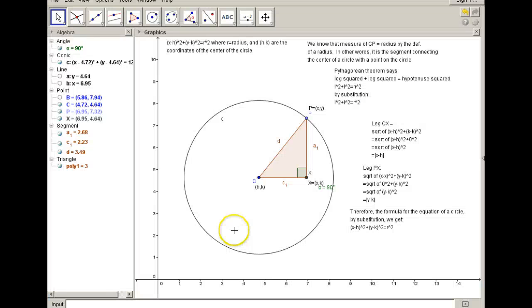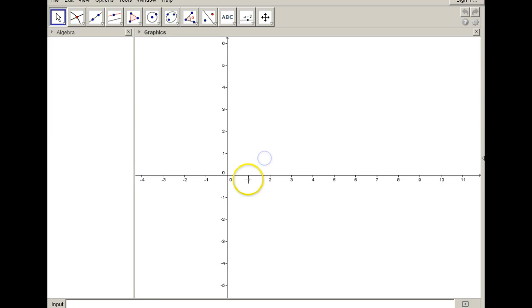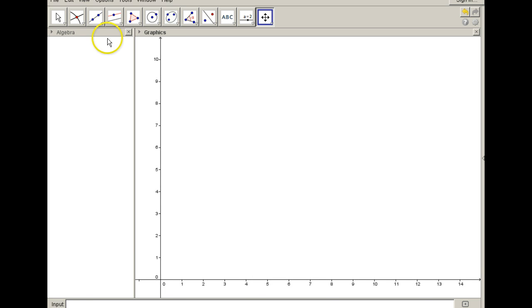We can do it on GeoGebra too. So let's put in a new one of these. I'm going to put in right down here, I hope you can see that, x minus 5 squared plus y minus 3 squared is equal to 2 squared, which would really be 4.